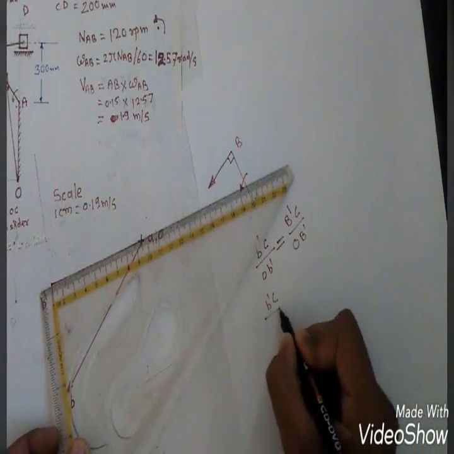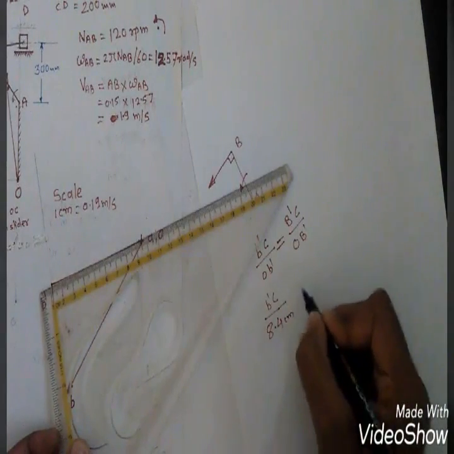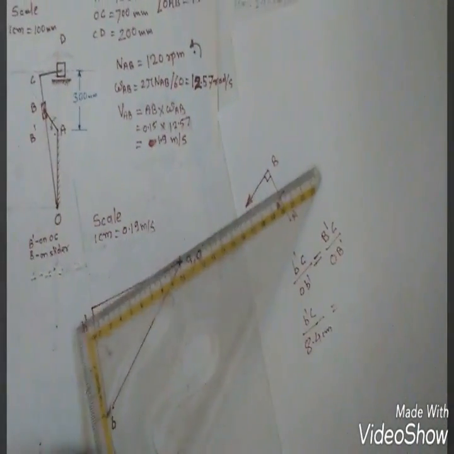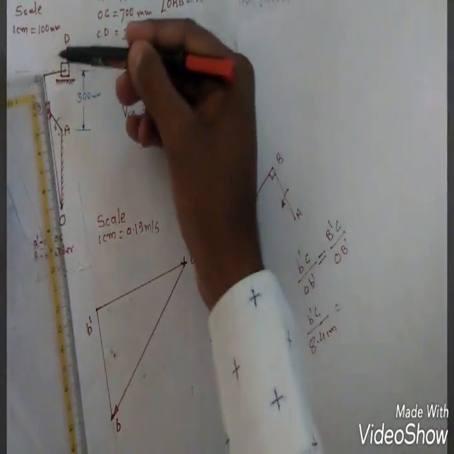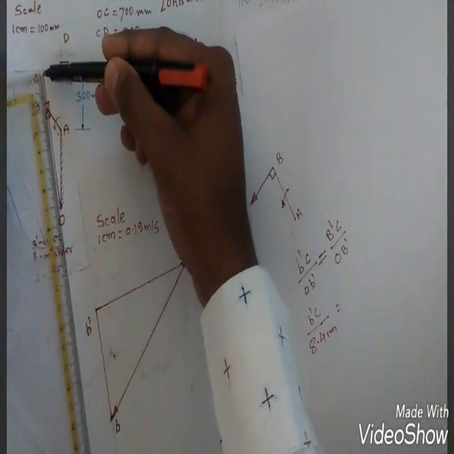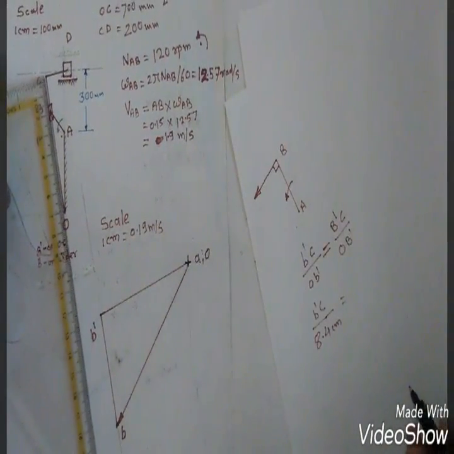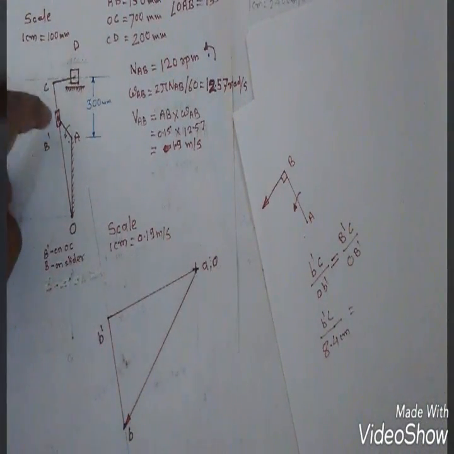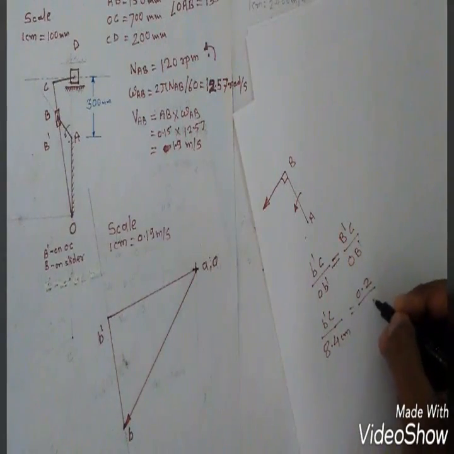So B dash C upon 8.4 centimeter equals capital B dash C. Capital B dash C means, from the space diagram, this distance B dash C is 2 centimeter, and the scale is 1 centimeter equal to 100 mm, that is 2 centimeter equal to 200 mm. We have to write it in meters, or you can write both dimensions in mm.